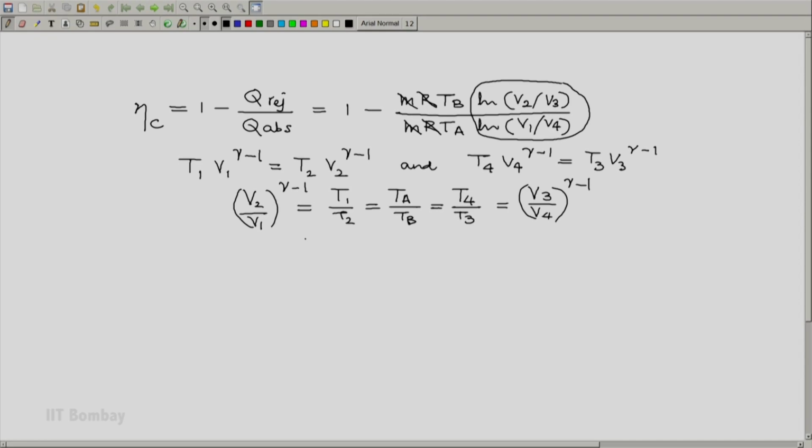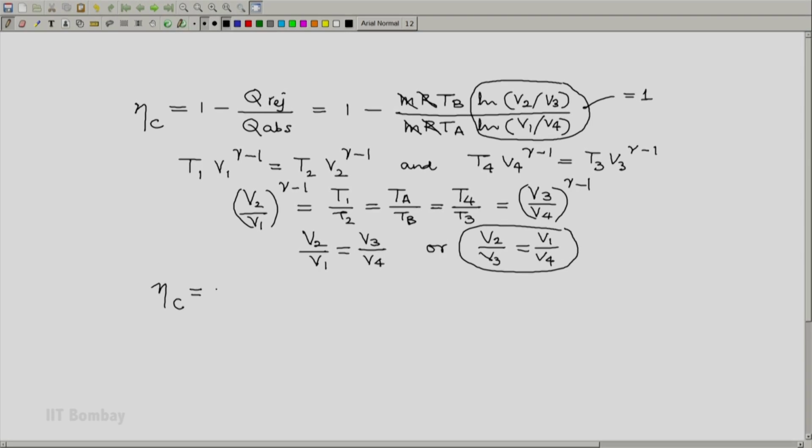This indicates that we must have V2/V1 equal to V3/V4, or by transposing terms V2/V3 equal to V1/V4, and that means because these ratios are equal, the value of this sub expression equals 1, and that means the Carnot cycle has an efficiency equal to 1 minus TB/TA.